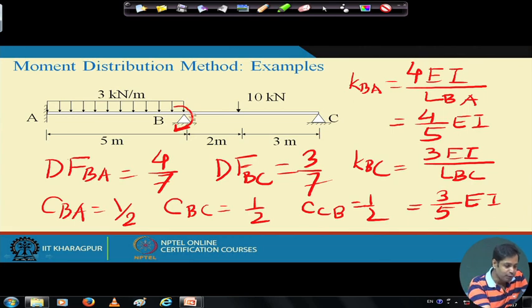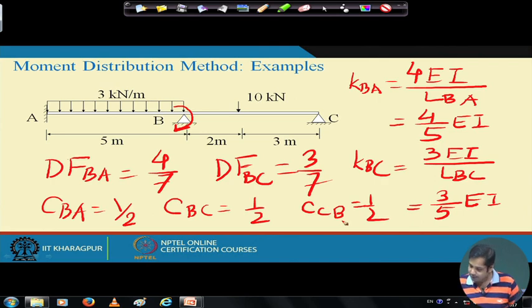When we do the iteration, we assume initially that all the joints are fixed, therefore there will be fixed end moments. Because this is a hinge support, there should not be any moment, so that moment needs to be balanced, and in order to balance that, these carryover factors will be required. This will be clear when we actually do this iteration.